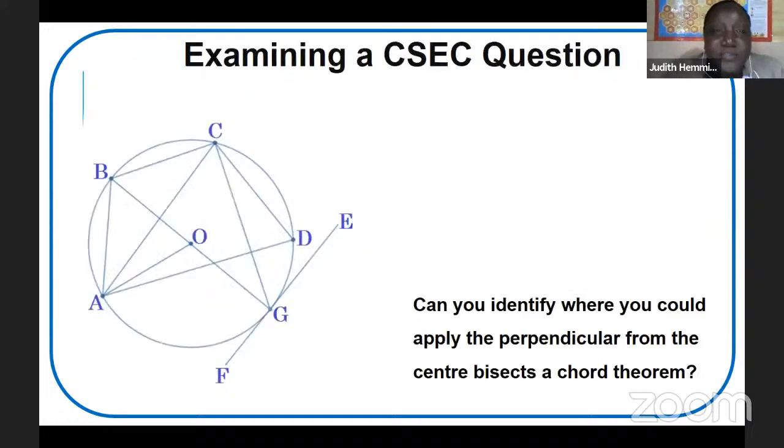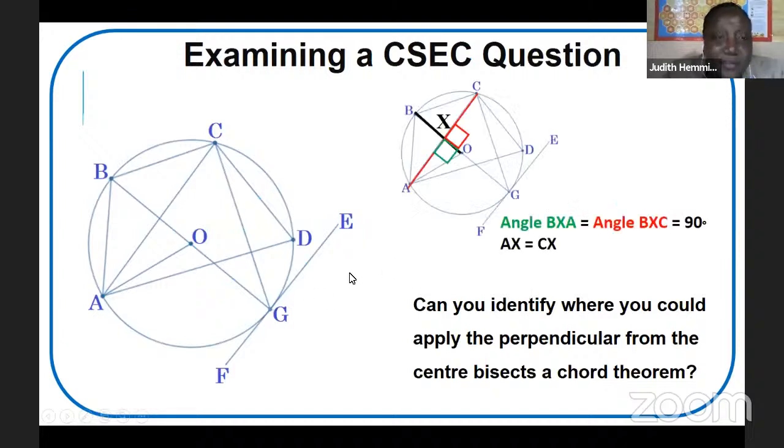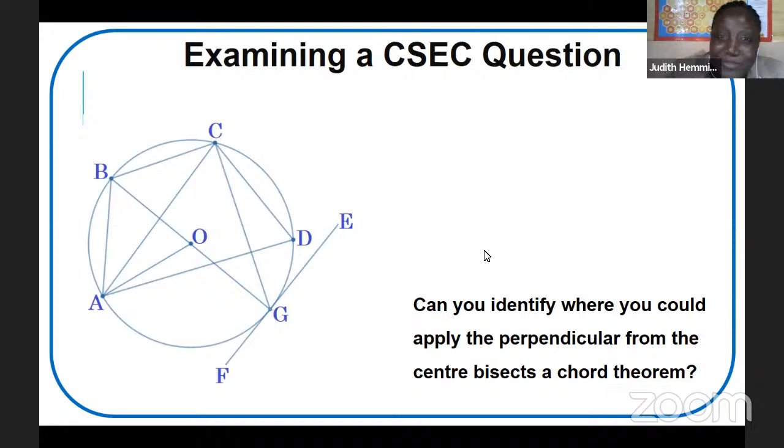All right, so as usual, our spotlight CXC question comes up on my screen. Would you be able to identify that particular theorem in this question? Where would it occur?